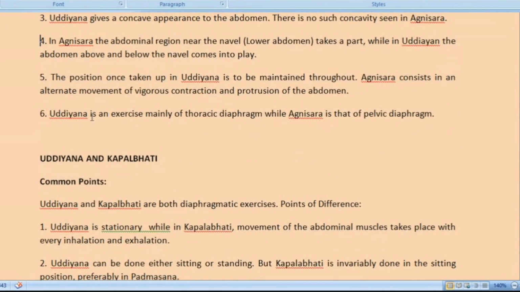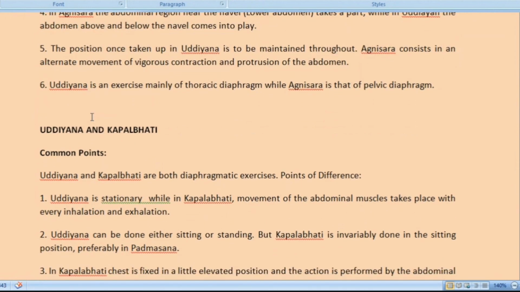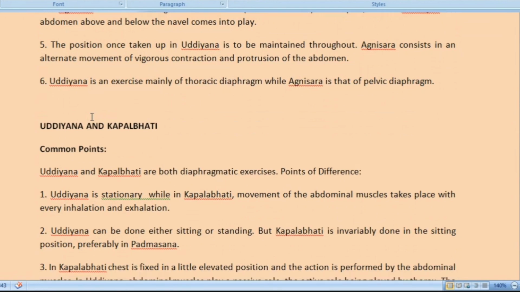The position once taken up in Uddiyana is to be maintained throughout. Agnisar consists in an alternate movement of vigorous contraction and protrusion of the abdomen. Sixth point, Uddiyana is an exercise mainly of the thoracic diaphragm, while Agnisar is that of the pelvic diaphragm.